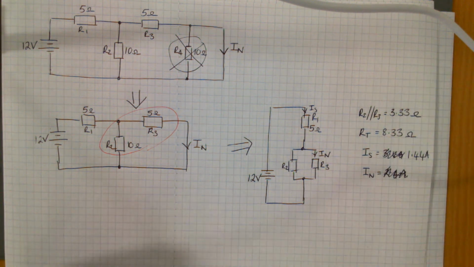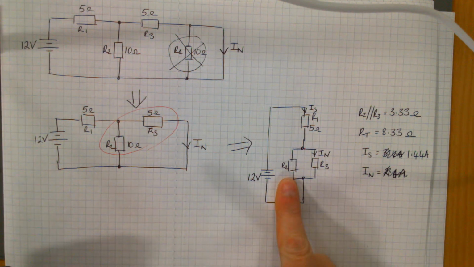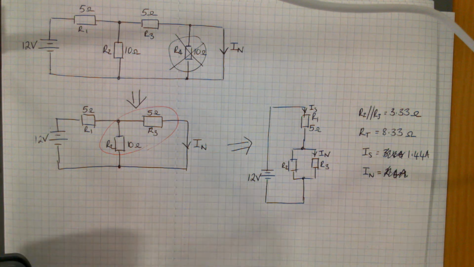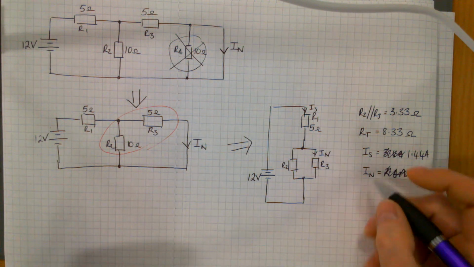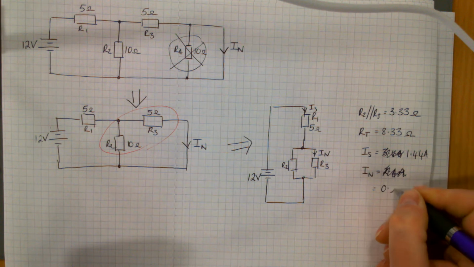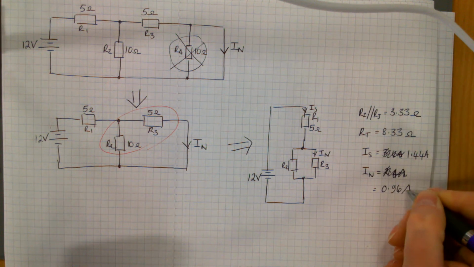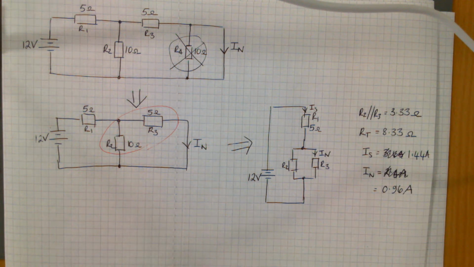And then you're going to do a current divider on the 1.44. So it's going to be 1.44 times that R2, which is in the opposite branch, 10, divided by these two branches added together, 10 plus 5 is 15. Gets you 0.96 amps. And that's your Norton current.